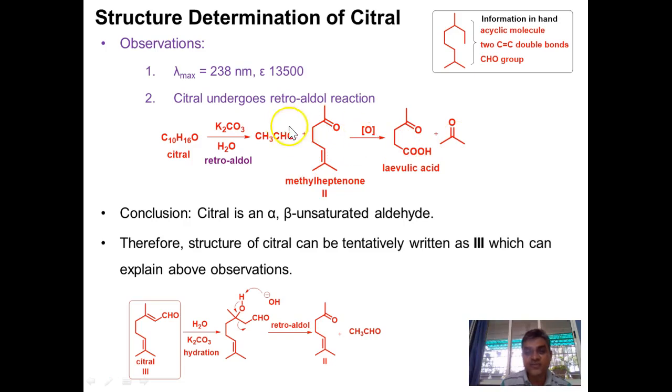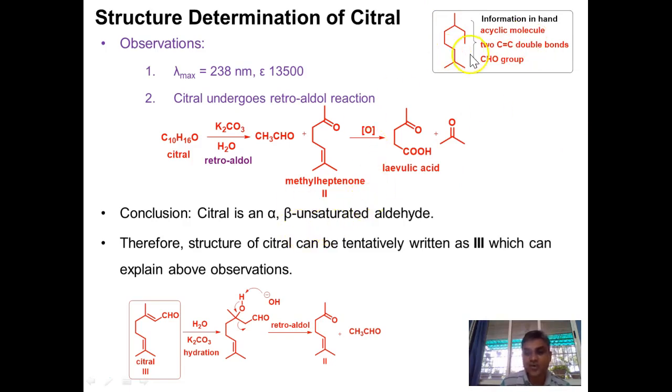So the formation of these two products, acetaldehyde as well as methylheptenone, again proves that the aldehyde is an alpha beta unsaturated carbonyl compound, and the formation of acetone in the ozonolysis of methylheptenone clearly supports our skeleton structure. So in this skeleton we have to keep one double bond here, and the other double bond is in the form of the alpha beta unsaturated aldehyde.